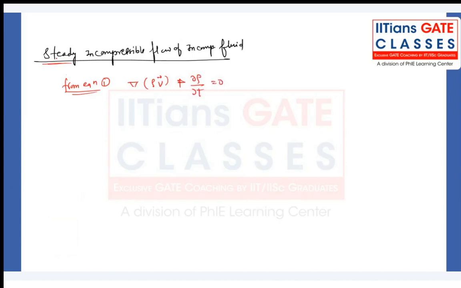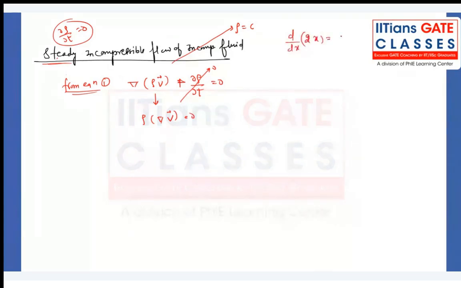Steady means dou rho by dou t equal to 0, so this term will be gone. Incompressible fluid means density is constant, right? So finally we can write this equation as del dot v equal to 0, because we can take rho outside of the derivative, as it is just like a constant. See, d by dx of something, if you want to do 2 into x, it is 2 into d by dx of x. Same thing we are writing here, right?